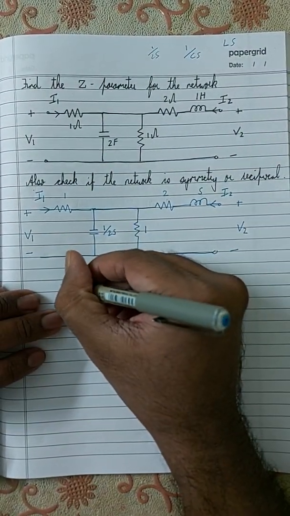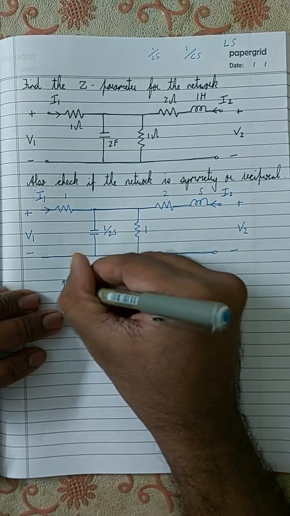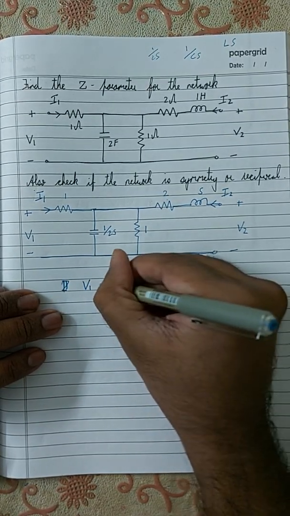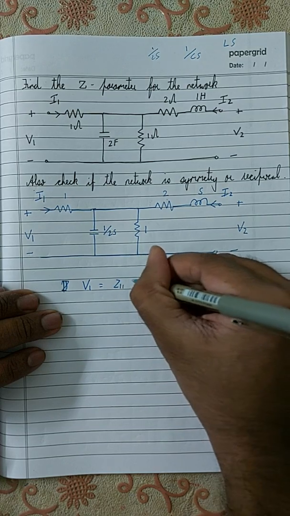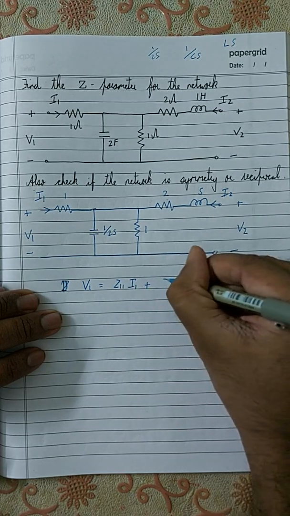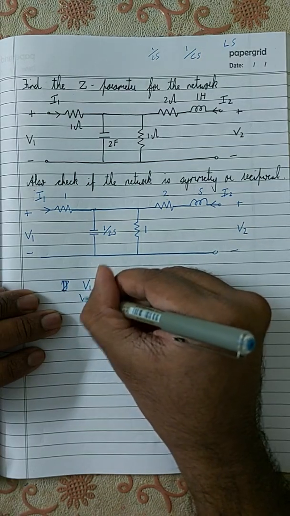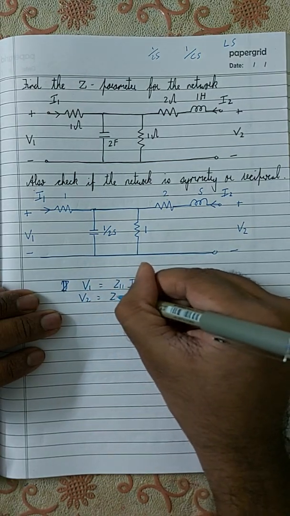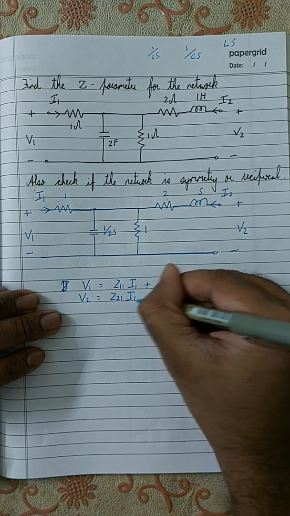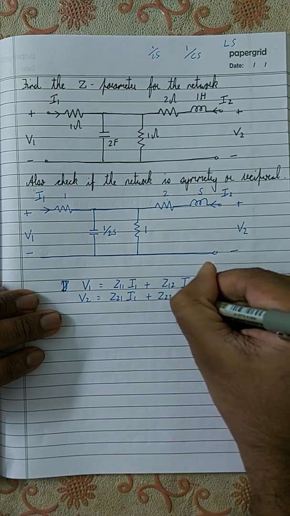The Z parameter equation is V1 equals Z11 I1 plus Z12 I2, and V2 equals Z21 I1 plus Z22 I2.